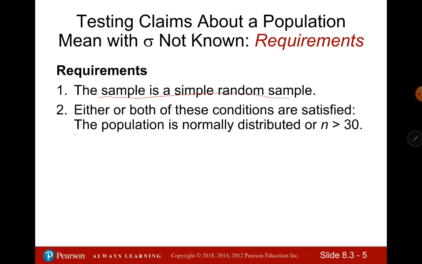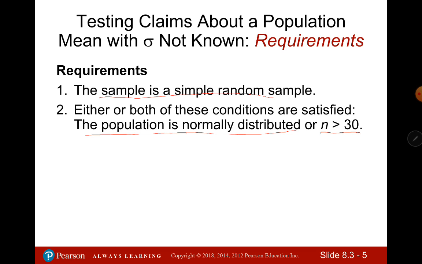The second condition has 2 parts. The first one is that the original population is normally distributed. If we have information that the original population is normally distributed, then any sample size will be fine. Remember?